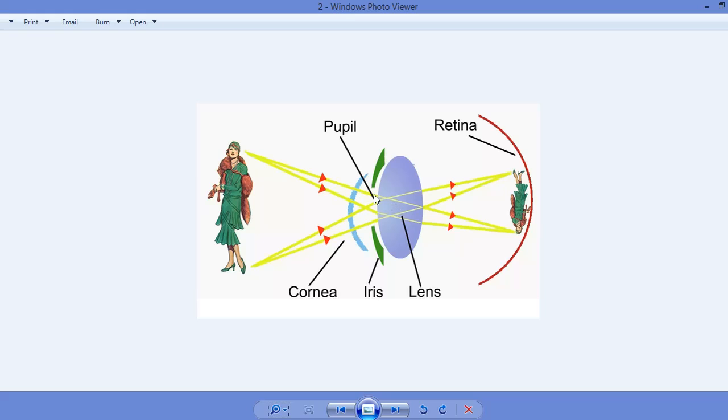From the aqueous humor it travels through the pupil into the lens, and from the lens to the vitreous humor, and the upper side of the object will fall on the lower side of the retina, and the lower side of the object will fall on the upper side of the retina. So the image will be formed in an upside down or inverted position, and that image will further go towards the visual cortex, and in the visual cortex this inverted image will be rectified.